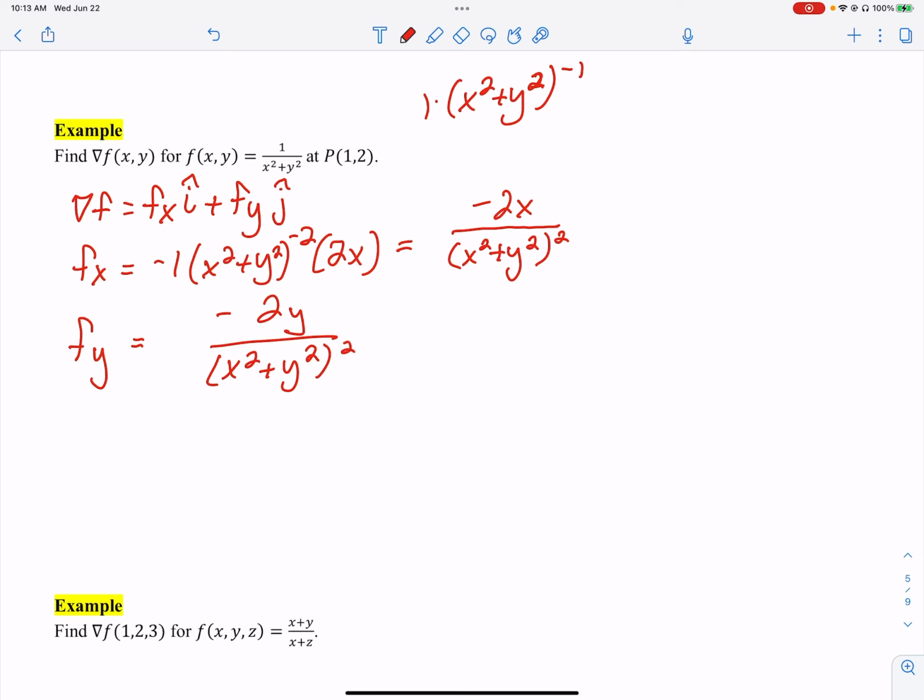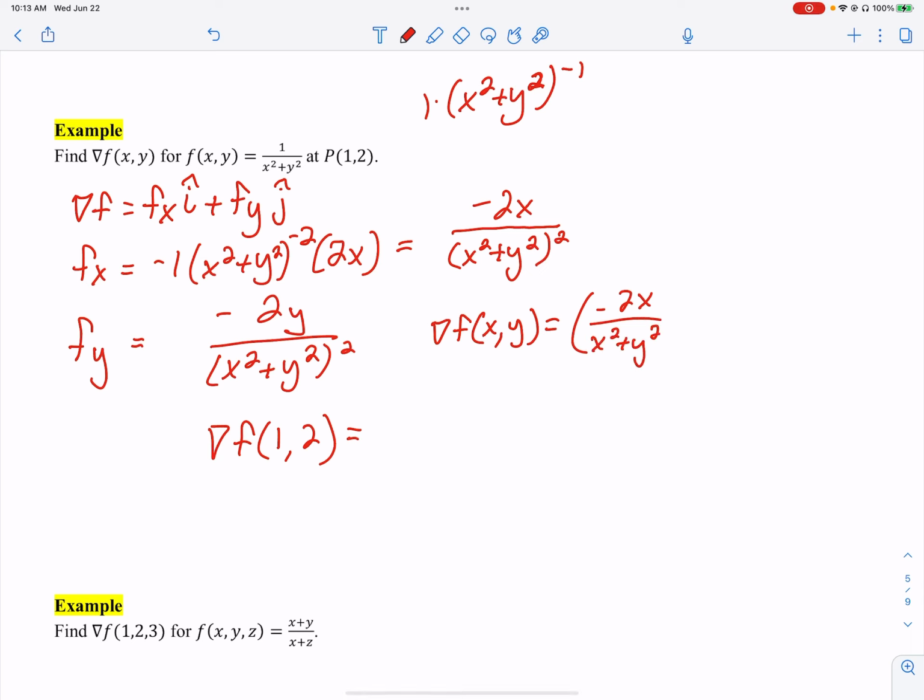All right, and then they just want the gradient at that point. So del f at (1, 2) is equal to, hold on, we should probably write just del f first. That's going to be -2x over x squared plus y squared, squared i plus -2y over the same thing, j. I'm being lazy there for a minute.